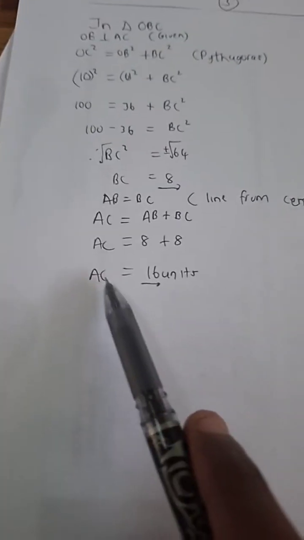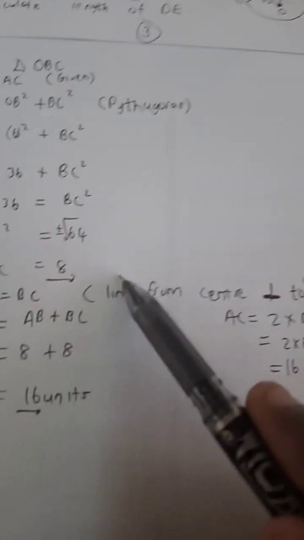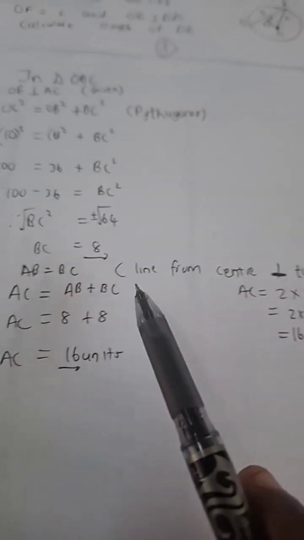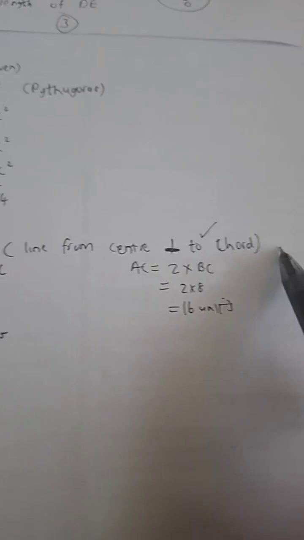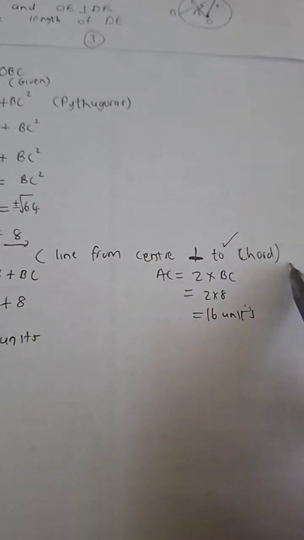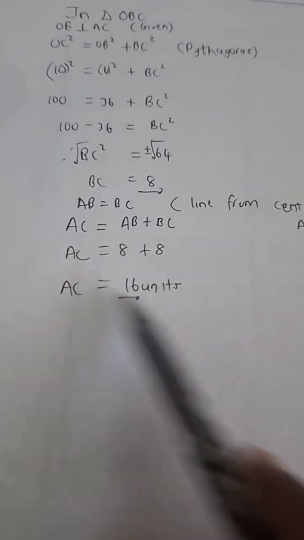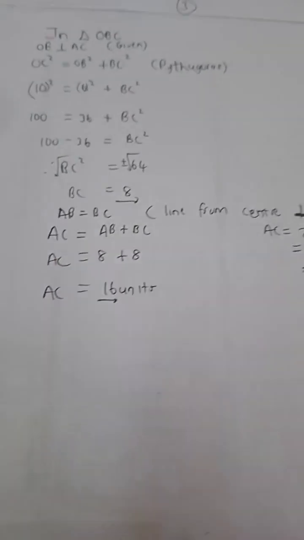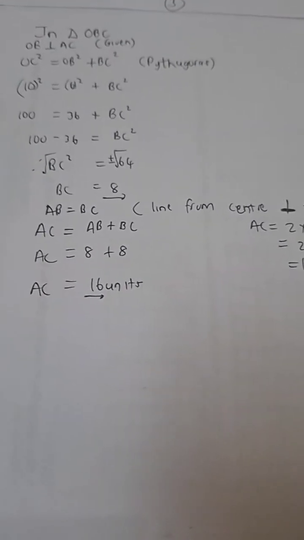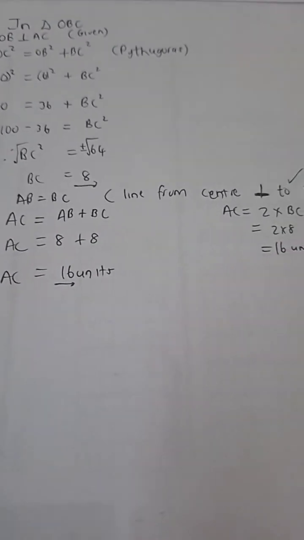Someone else could basically say AC is equal to 16 units and just write the reason. That's also fine. But this reason is what gives this answer weight. If this reason is not there, there's no weight in the answer. If this reason is there, there is weight in what I eventually conclude and do. Are you with me? I'm very proud of you guys.